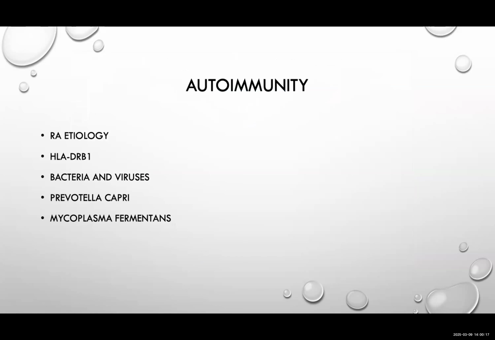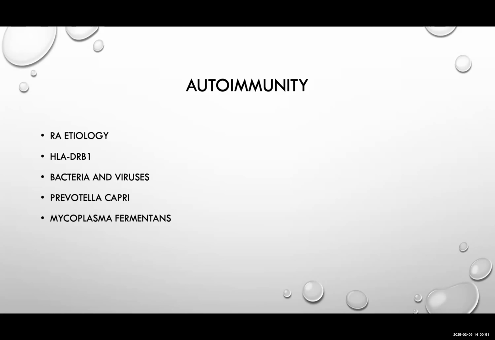The gut microbiome has been extensively researched, involving autoimmunity and the pathogenesis of rheumatoid arthritis, specifically Prevotella copri, which has been shown to appear in new onset RA patients, as well as in experiments. It has been shown to induce arthritis in mice.